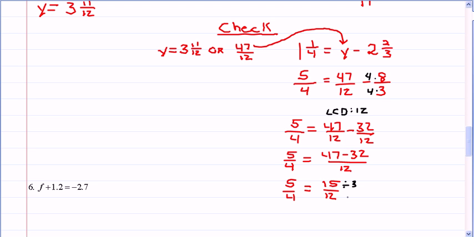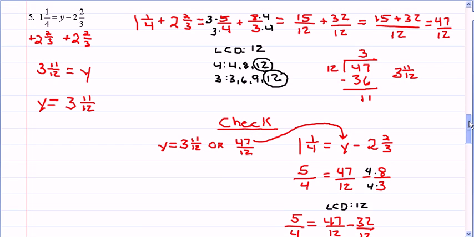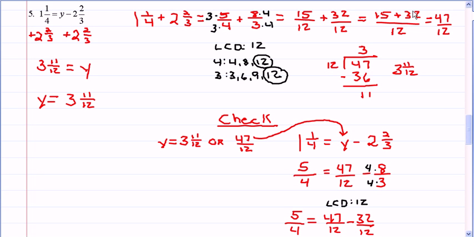And to reduce this fraction, if I divide them both by 3, 15/12 reduces to 5/4, so the two sides match. And the answer of y equals 3 11/12 is correct.